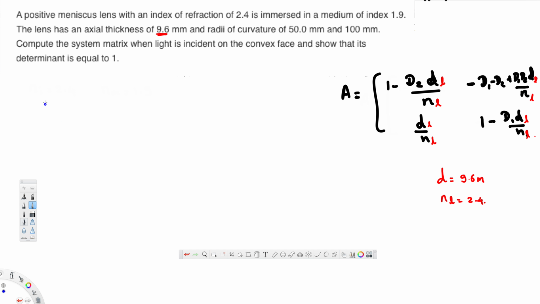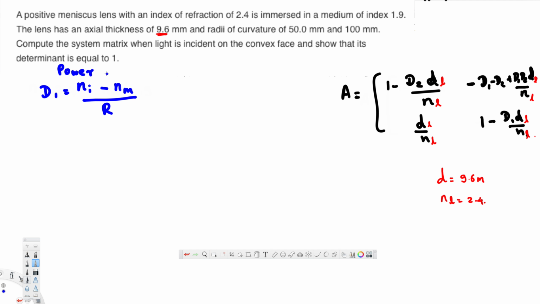Now to find D1, we look at the first surface. The equation is going to be the index of refraction of the lens minus the index of refraction of the medium, so let's put nm, and then divided by the radius of curvature. So this is the power of the first surface.